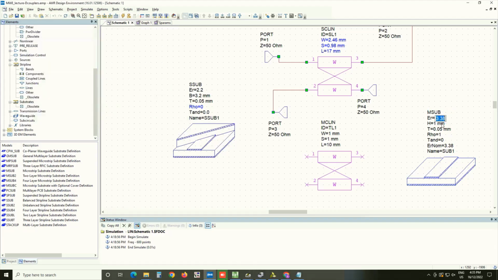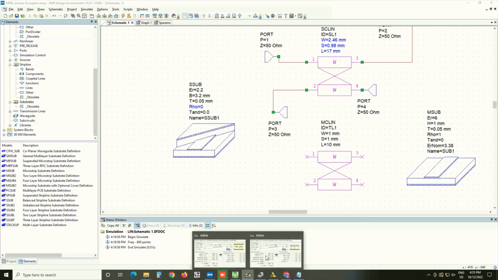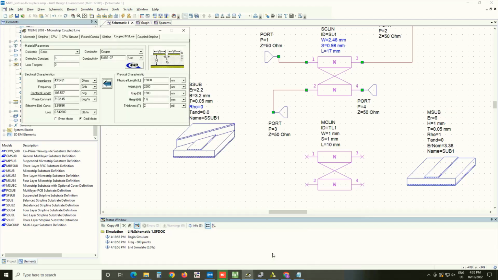So dielectric constant is 6. And so 2200, that's this one. So that's 2.2 and 1.5. This is all okay.